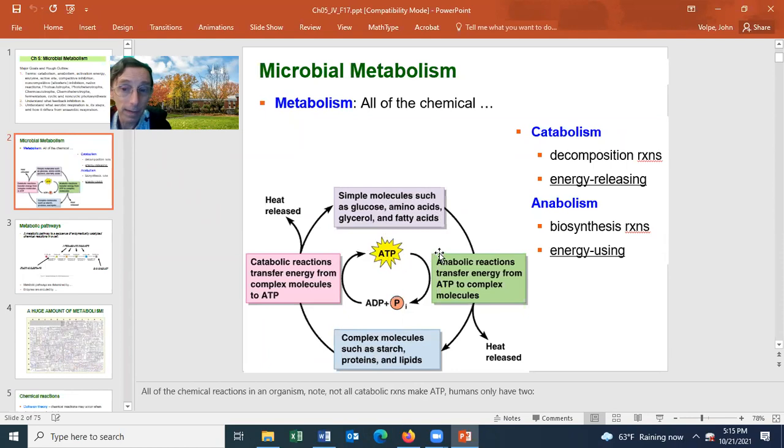All right, an anabolic reaction is a biosynthesis reaction, and it consumes energy, meaning energy has to come into the reaction in order for it to happen. In an anabolic reaction, simple molecules, such as glucose, are converted into a larger, more complex molecule, such as starch.